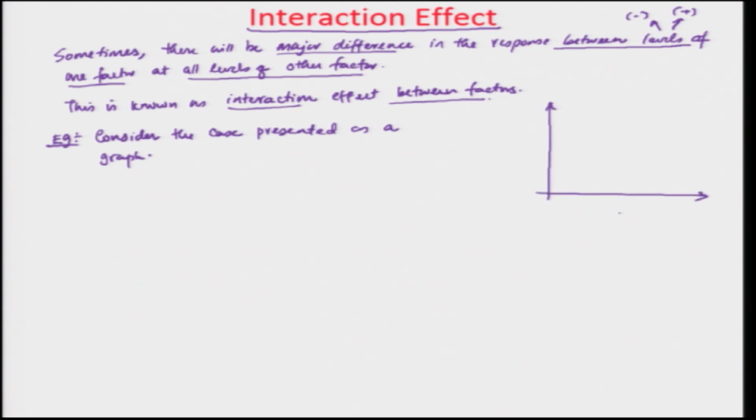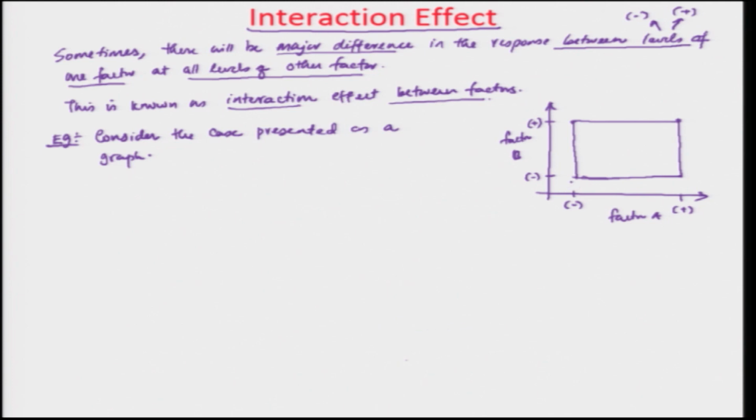Here is factor A and here is factor B. Here is the low of factor A, here is the high of factor A, here is the low of factor B, here is the high of factor B. Same way we have a rectangle, right? These points are connected that way, and then these points are connected in this fashion.